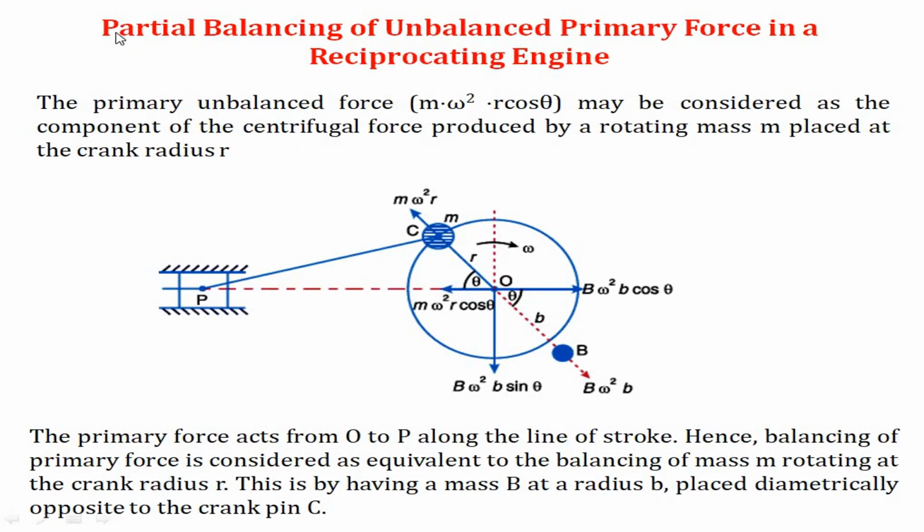So the title given over here is partial balancing of unbalanced primary forces. We are never going to get the complete balance of reciprocating masses. Some part is always going to be left out. So it is known as partial balancing of unbalanced primary forces.